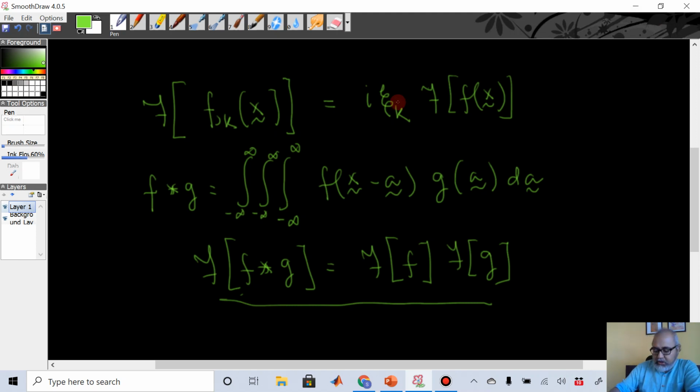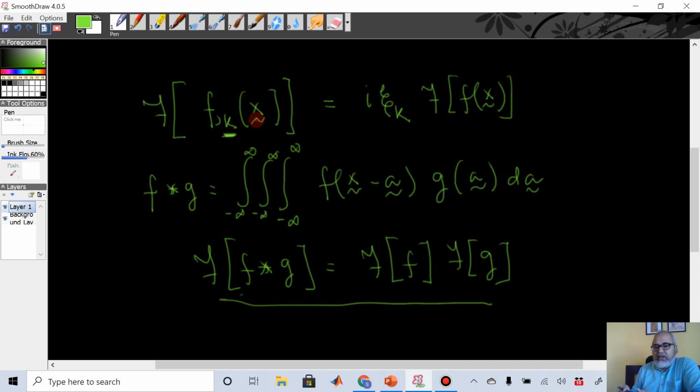The only thing that you have to remember is that when we apply the differentiation theorem, in case of multiple dimensions we are taking a derivative with respect to the kth variable, whereas in case of single dimension, we are taking a derivative with respect to the only variable, x. So here we get the kth Fourier variable. In case of 1D, we get the only Fourier variable, i zeta. Here you will get i zeta k.